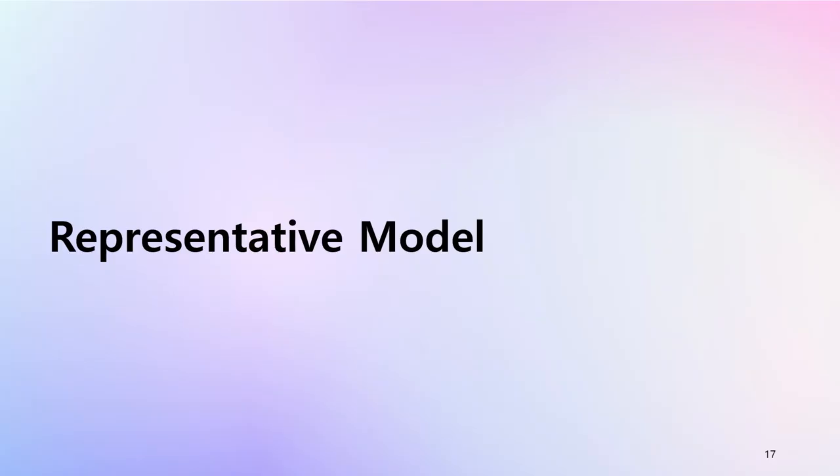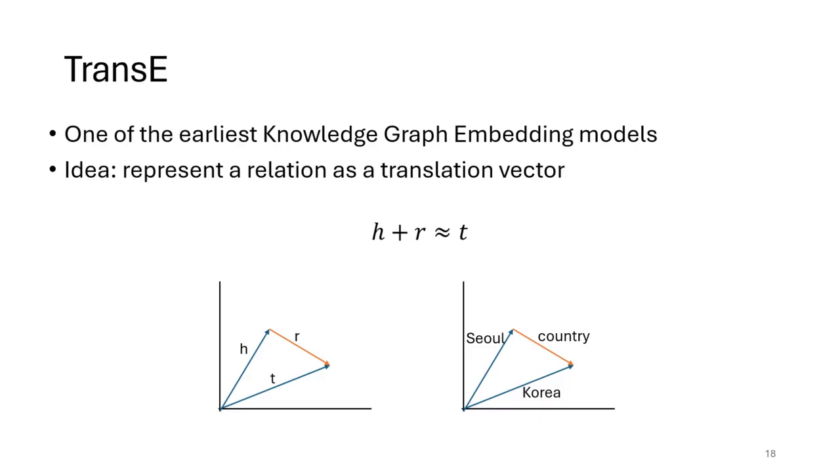Now I will briefly explain how representative models are modeled. The first method I'll explain is TransE. This is one of the earliest knowledge graph embedding models, and the idea behind this model is to represent relations as translation vectors.